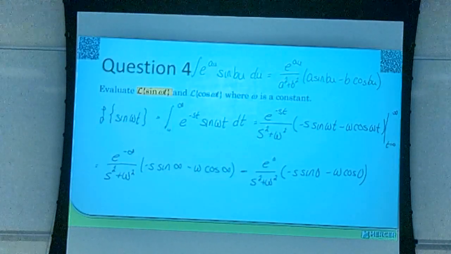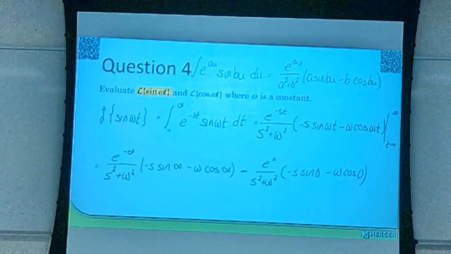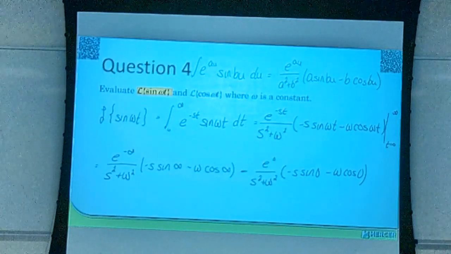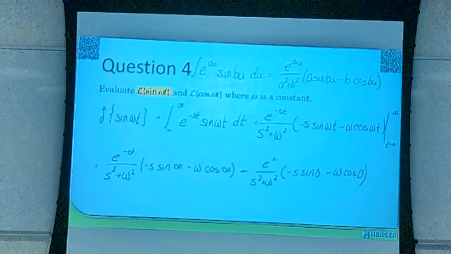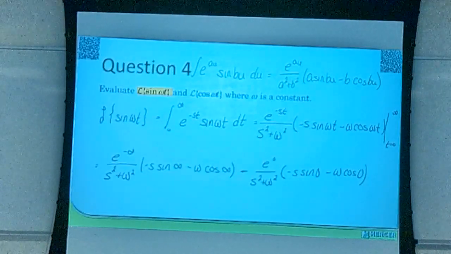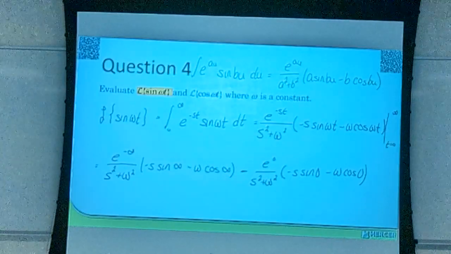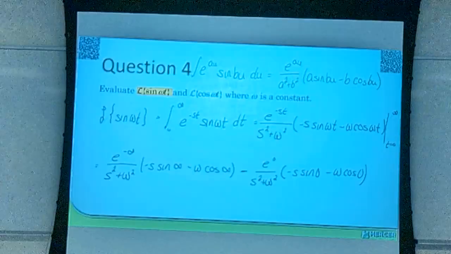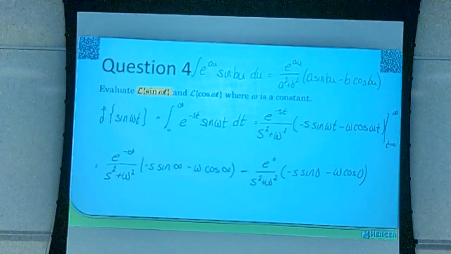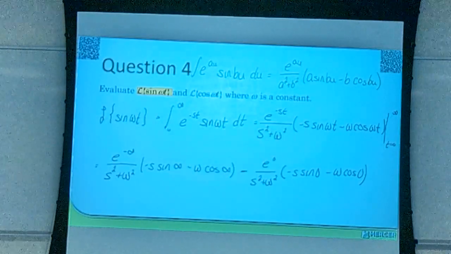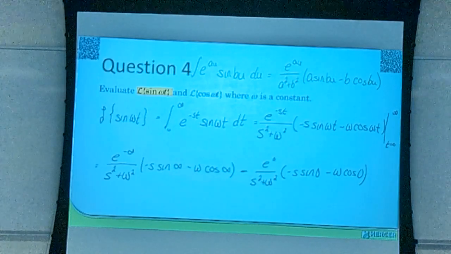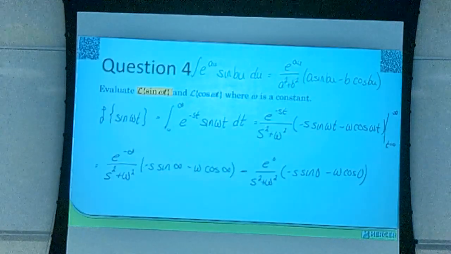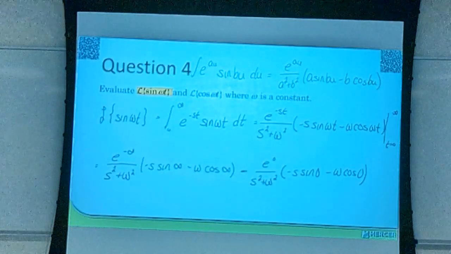So now what about that first term? It's 0. Both sine and cosine oscillate, but it doesn't matter, because that's all being multiplied by e, and e is shrinking to 0.